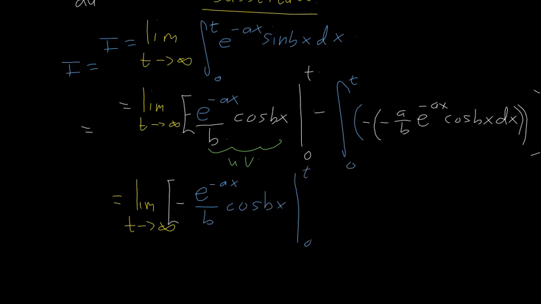Negative times negative is positive, so this is minus a over b, because a and b are constants. A over b, I'm going to highlight that for a reason. And then you just integrate from 0 to t, e to the negative ax cosine bx dx, all in square brackets.